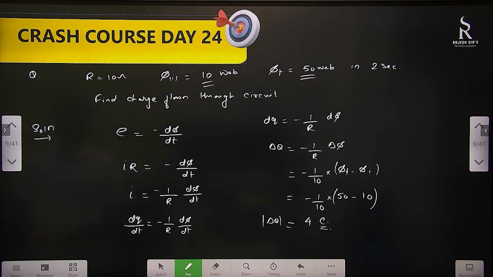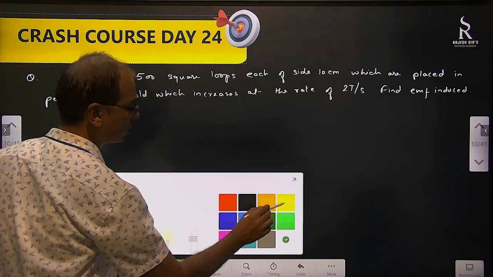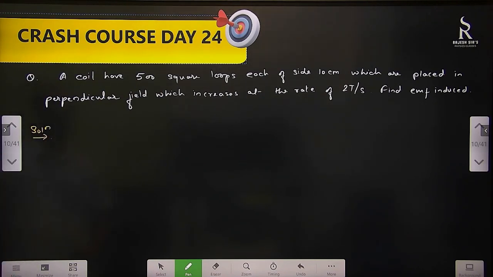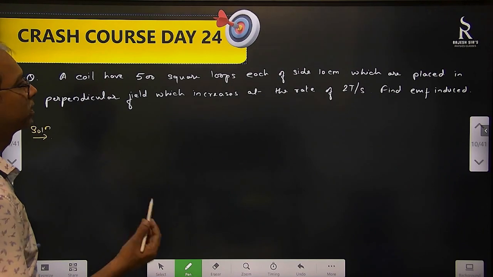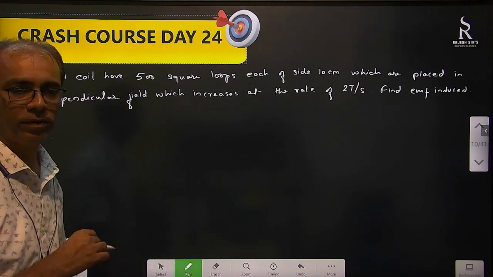Okay, then let's see what this question says. A coil has 500 square loops, each of size 10, which are placed in a perpendicular magnetic field, which increases at the rate of 2 Tesla per second. Find the EMF induced. If flux is changing, it will be changing through all 500 loops.